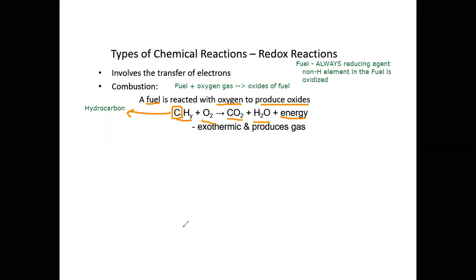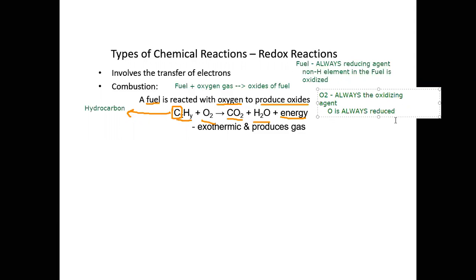Now, if you have something that is oxidized, you have to have something that is reduced. And so for oxygen gas, O2 is always the oxidizing agent. And that's because oxygen is always reduced.